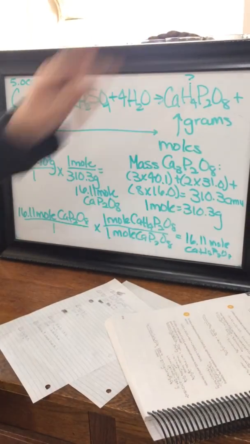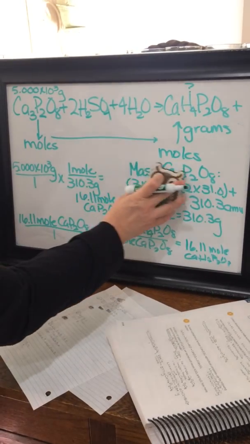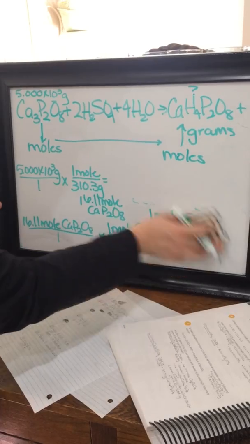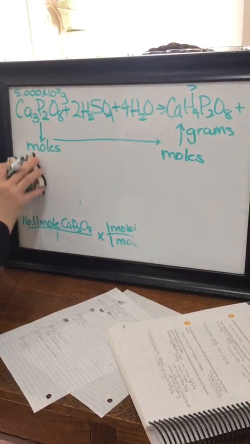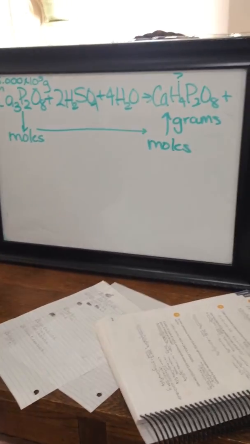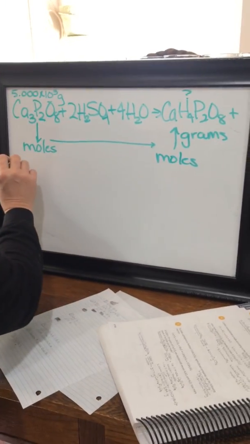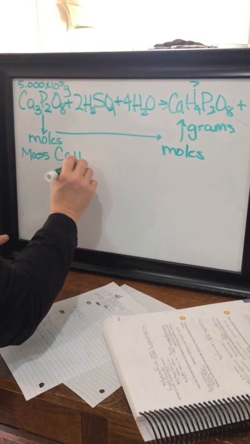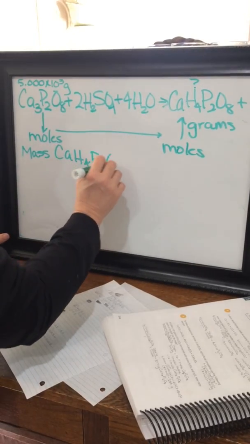Okay. So now, we've made it here. All we got to do is go back up to grams. And just like I told you, I got to erase. Okay? What's the next thing you have to do? To get it back up to grams, how can we relate moles to grams? Purely through the atomic weight. Okay, so let's do that. What is the mass of CaH4P2O8?